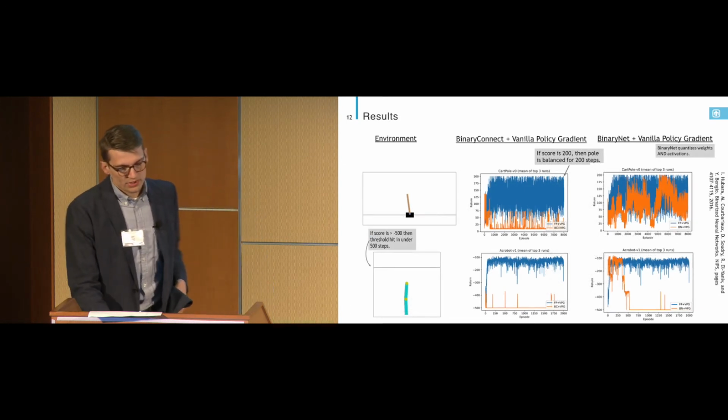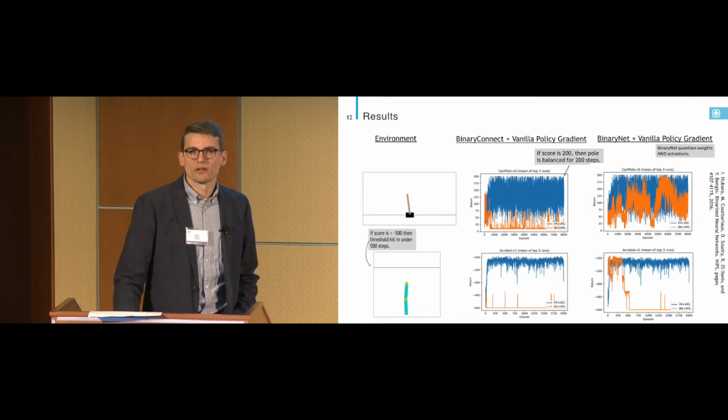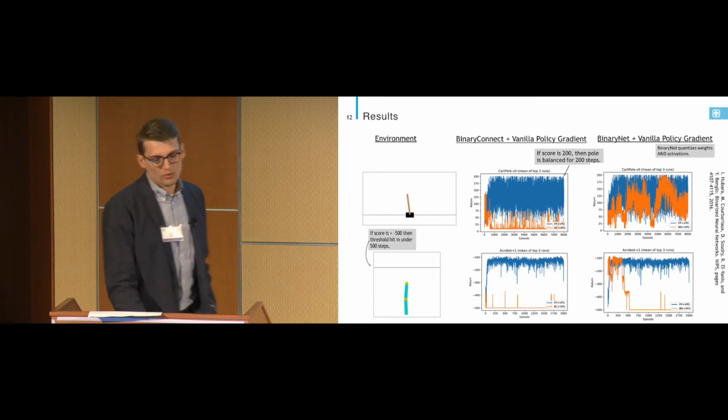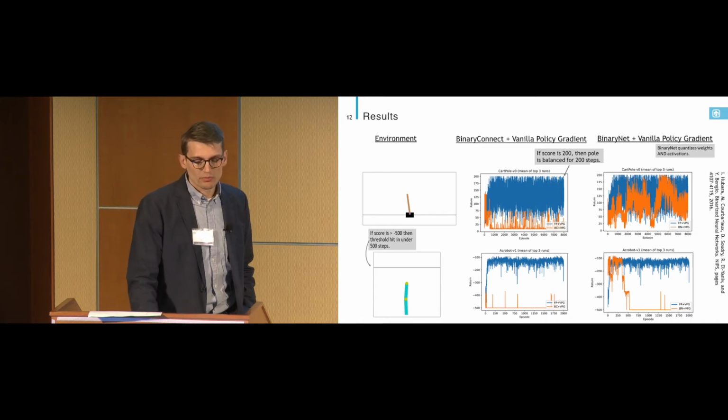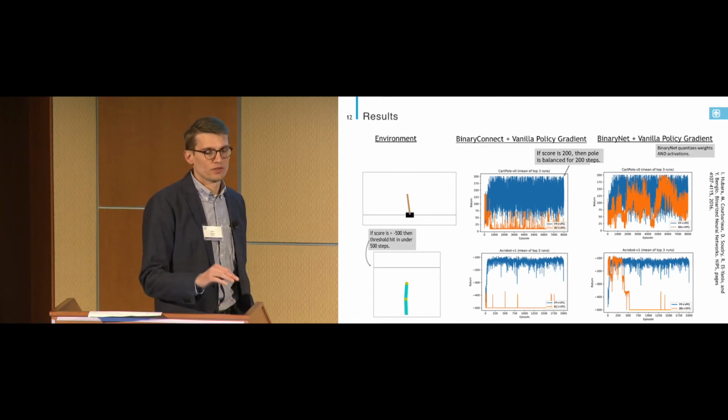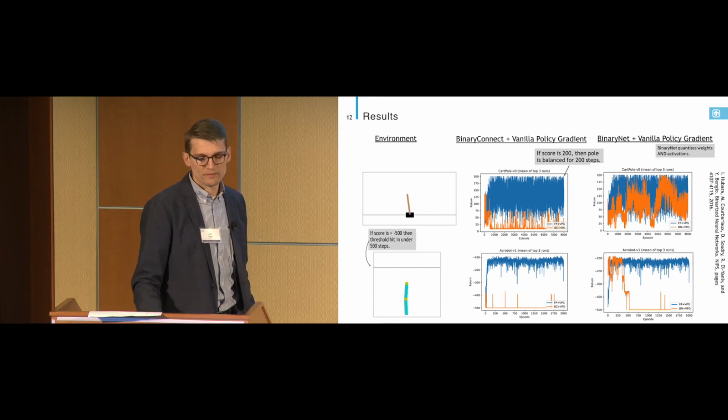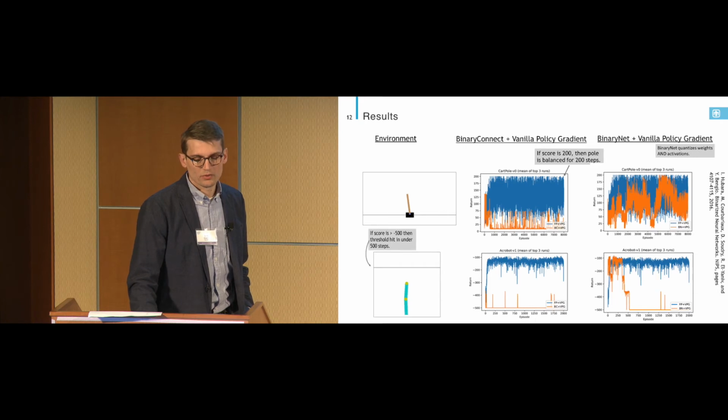Here are the results using BinaryConnect in combination with vanilla policy gradient. What you're seeing here is that the dark blue plots are the results from using a full precision policy, so no quantization. This plot right here is the results for CartPole.